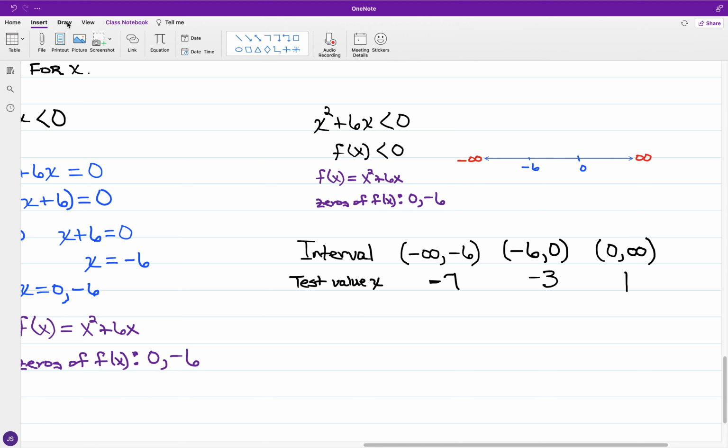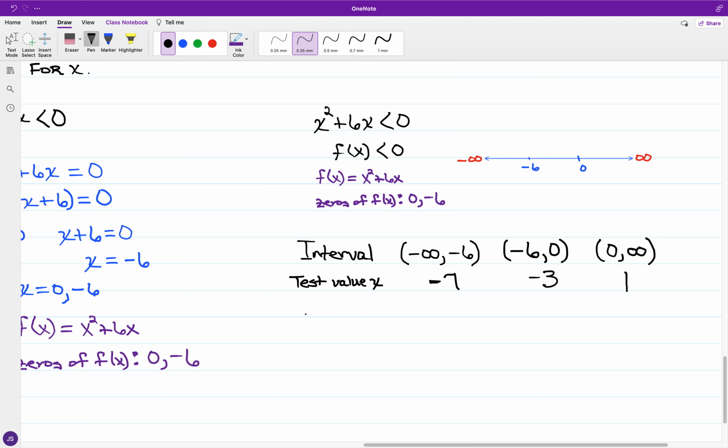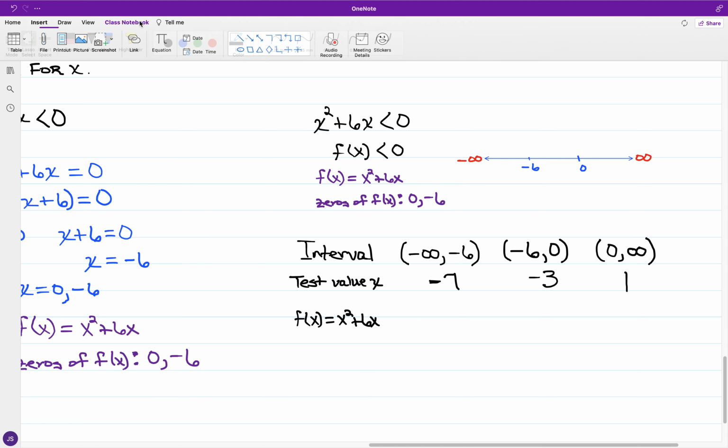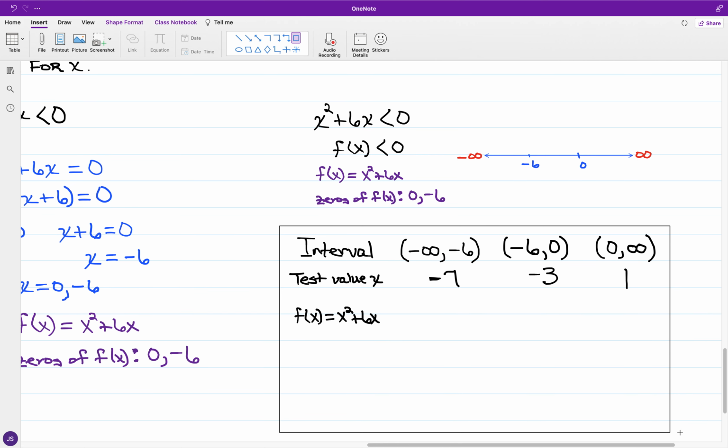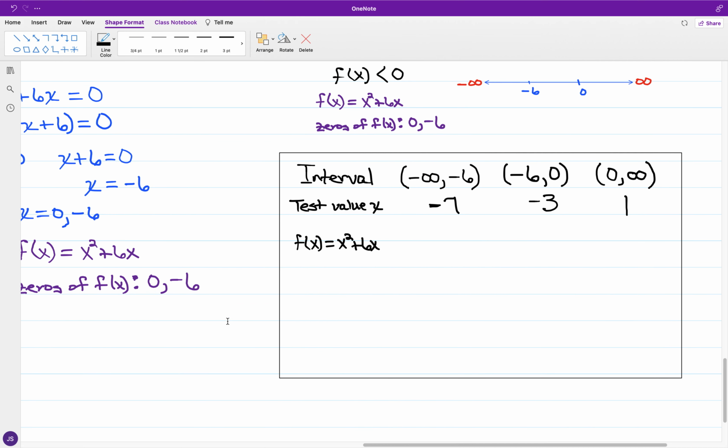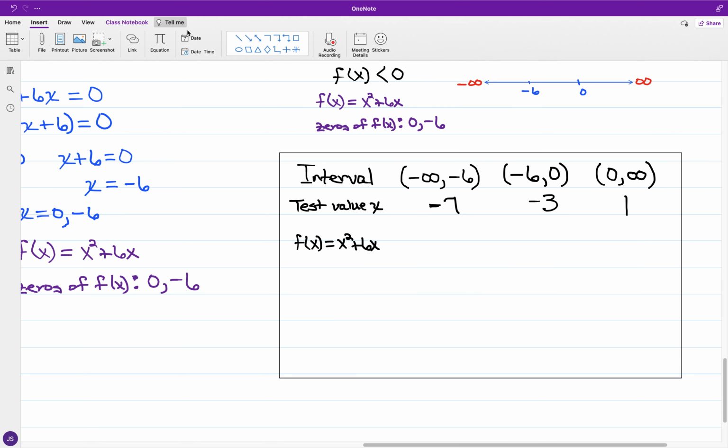And again we have f of x equal to x squared plus 6x, and to establish our table, we're splitting into rows and columns.